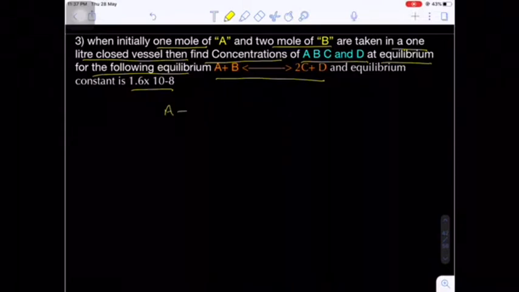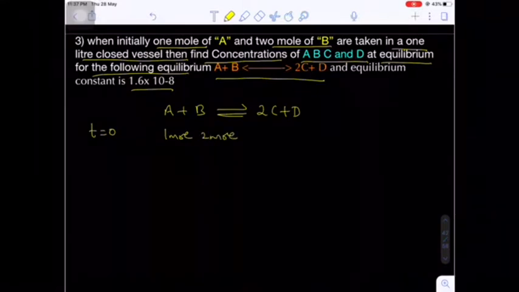So I am writing the equation A plus B in equilibrium with 2C plus D. What are the initial concentrations of reactants? 1 mole of A and 2 moles of B, and the number of moles of C and D is 0.